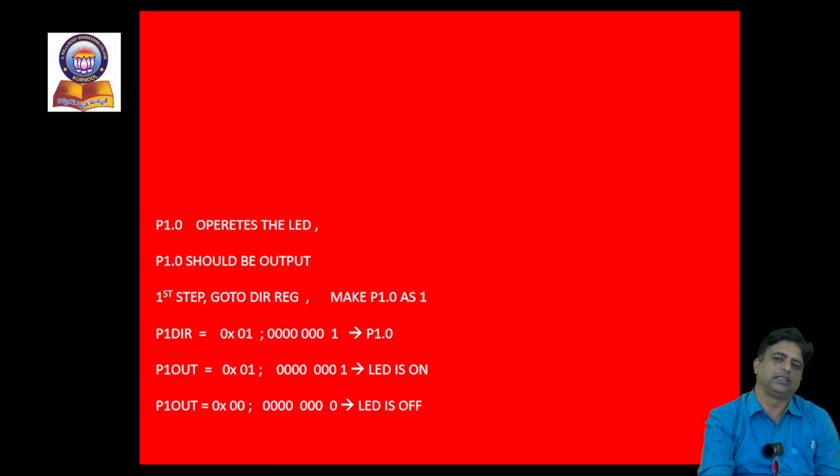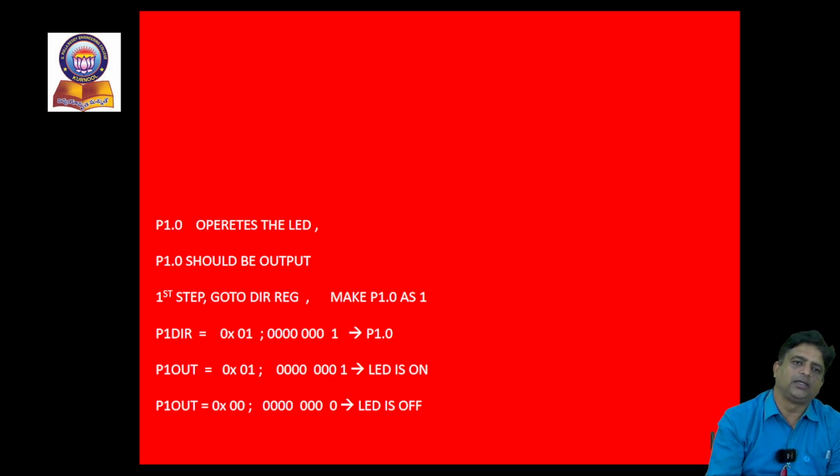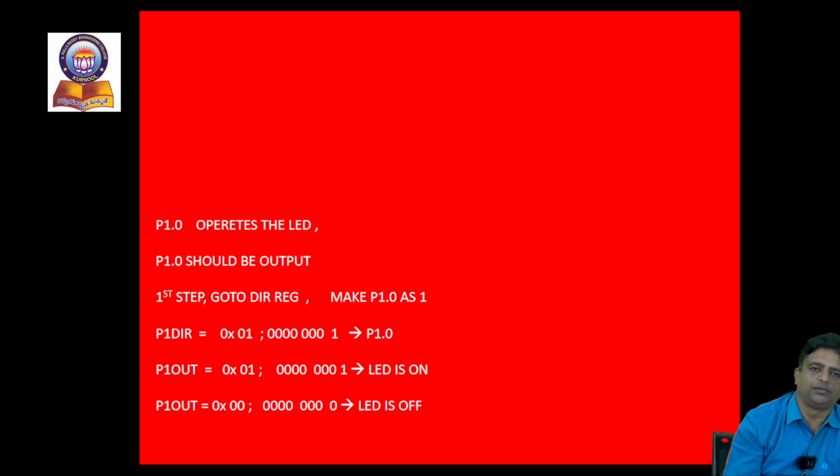An example is suggested: for example, we have connected an LED to the P1.0 pin. What is the purpose of connecting an LED to one of the ports? The LED is an output device, so we need to glow it. So whichever pin is connected to an LED will by default be treated as an output pin.